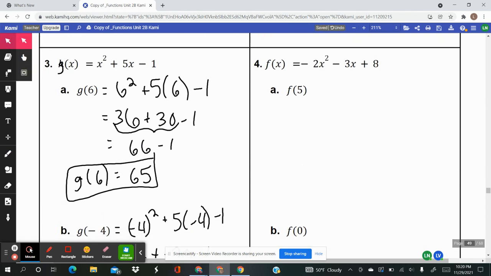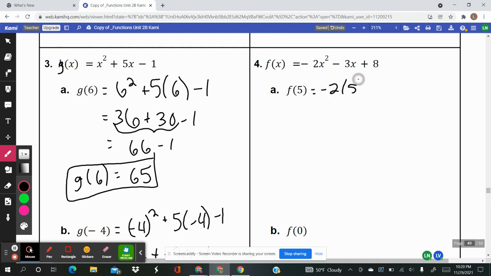For number 4, f of x equals negative 2x squared minus 3x plus 8, f of 5. So negative 2 times 5 squared minus 3 times 5 plus 8.